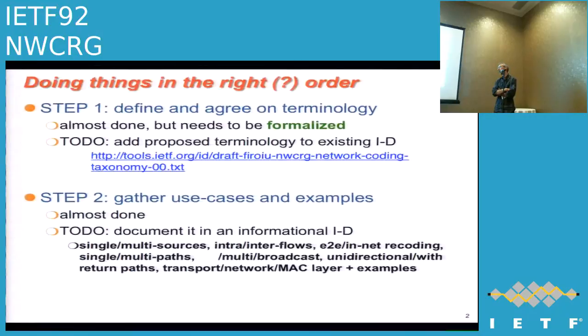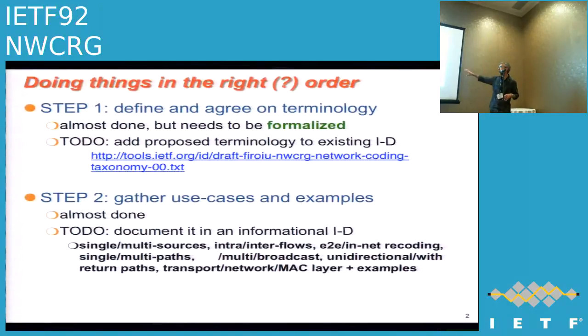Yeah. Second step, use cases. That's something we already discussed at previous meetings, so now it's time, I think, to put it all in another document. That's something we absolutely have to do, especially as it will define all the different situations, whereas you have this taxonomy, whereas you have one or multiple sources, paths, and so on.